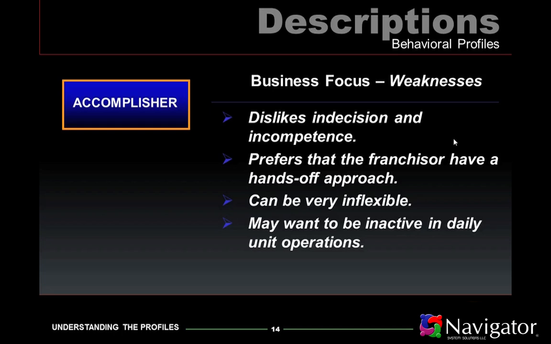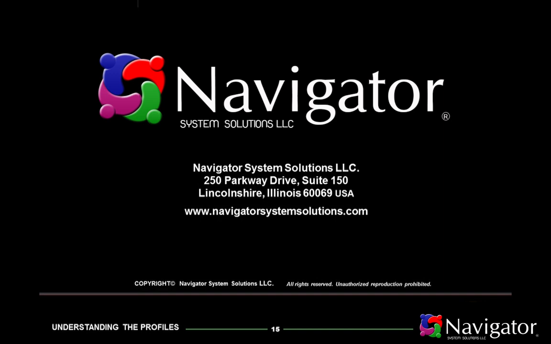So that means they could be very inflexible in some situations, and it may also mean they want to be inactive in daily unit operations. So one thing that we'd want to make sure is that they don't distance themselves too far from the business. That is the accomplisher, a dominant accomplisher. And even though all of the profiles are equally as important, we'll learn a lot by looking at the percentages of the accomplisher.